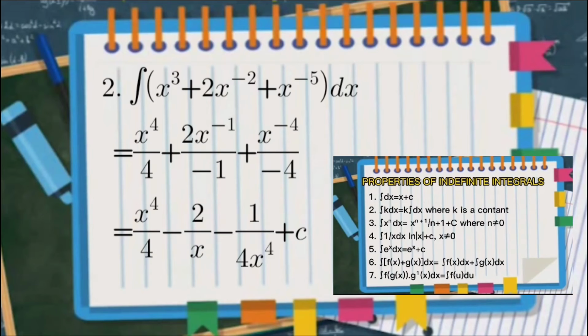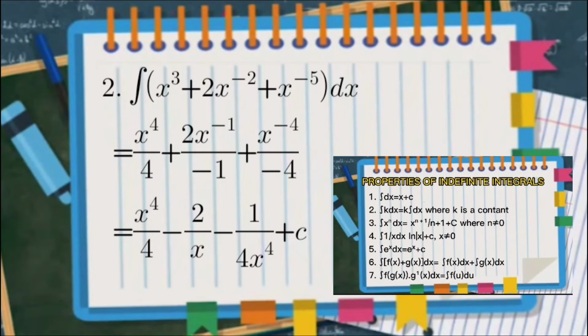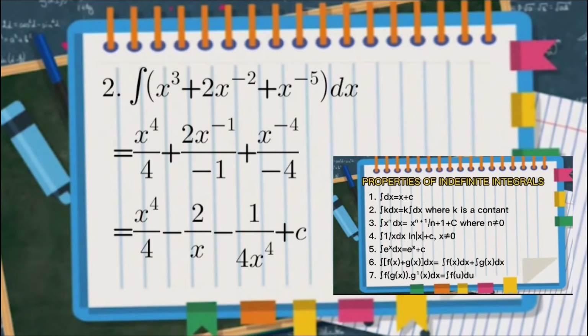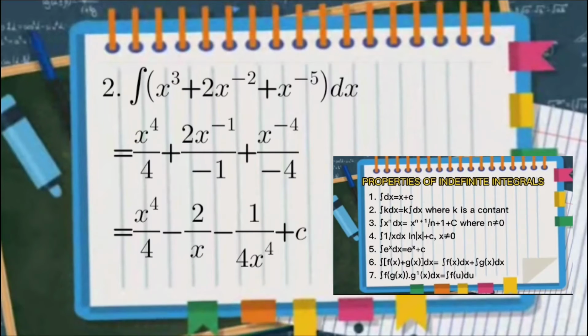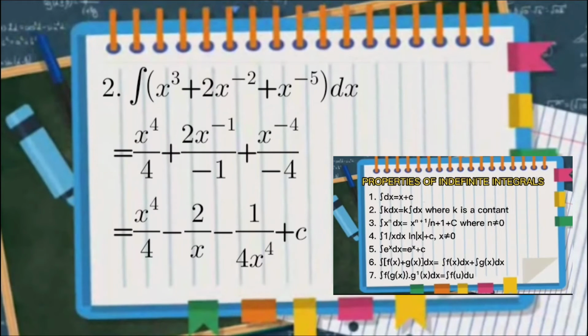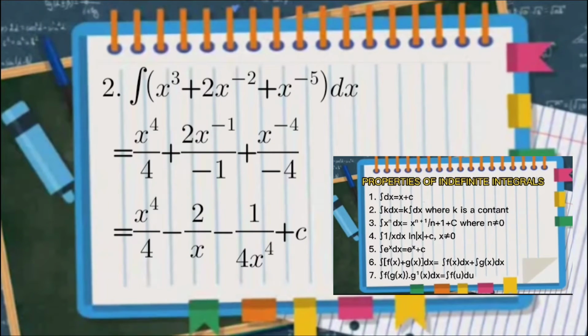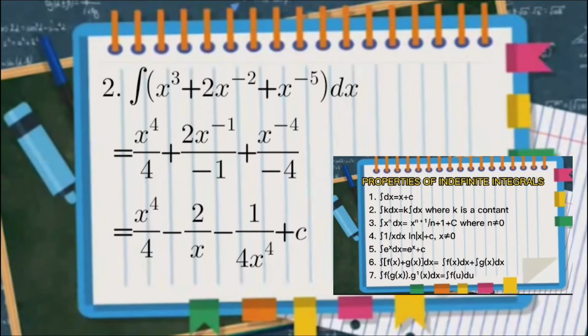So in this term, 2x to the power of negative 1 over negative 1. In order to make it positive, our sign in the second term becomes negative. So this is the result, which is 2 over x minus 1 over 4x to the power of 4.